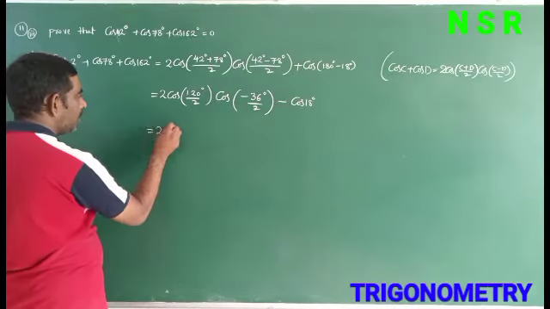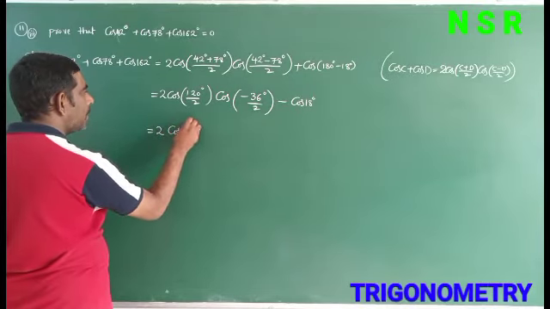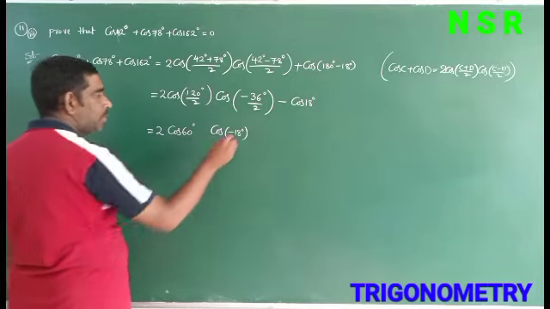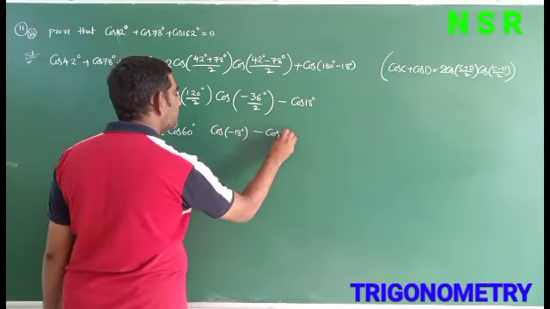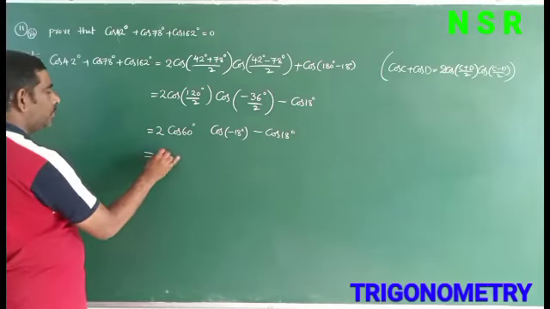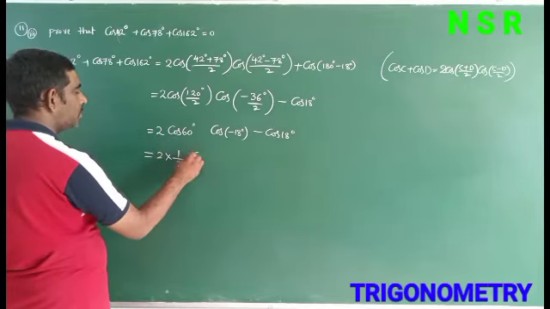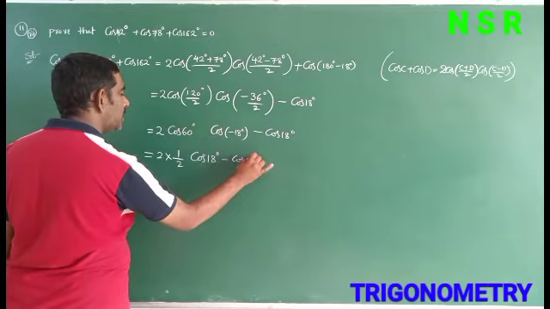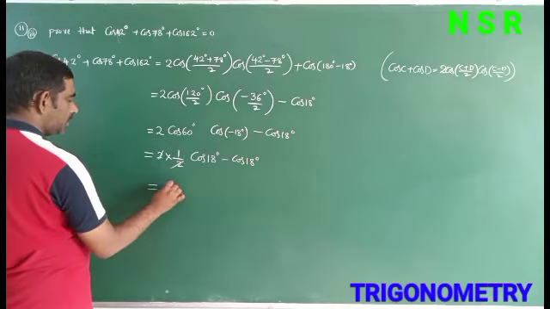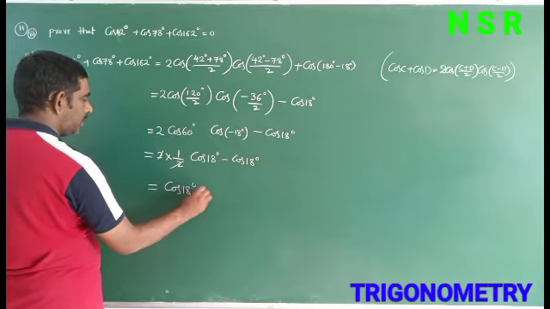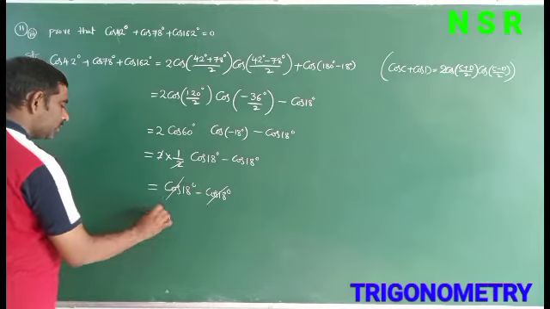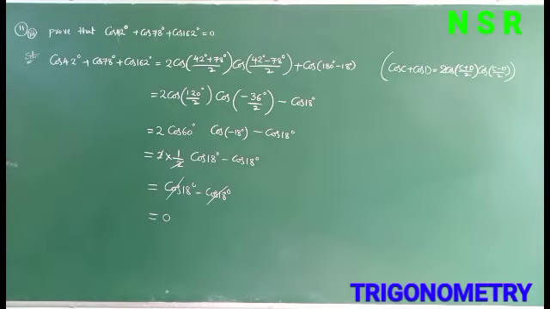So 120 by 2 is 60, cos 60, and here cos of minus 18, minus cos 18. So 2 into cos 60 value 1 by 2, cos of minus theta is cos theta, and minus cos 18. So the 2 gets cancelled, we get cos 18 minus cos 18. So plus cos 18 minus cos 18 cancel, we get 0. Hence proved.